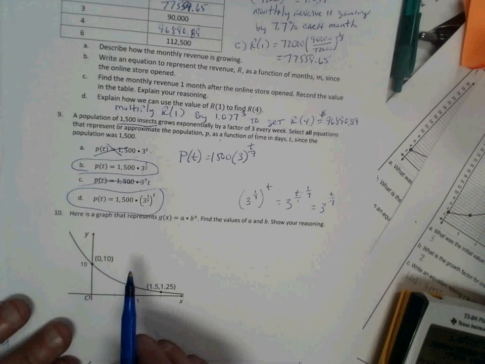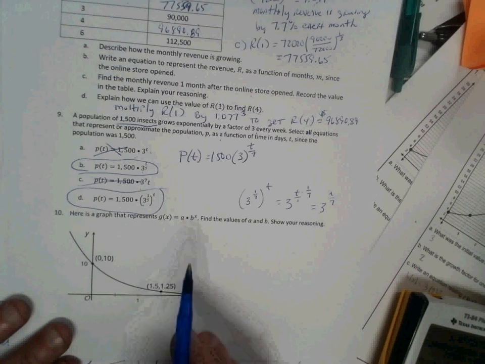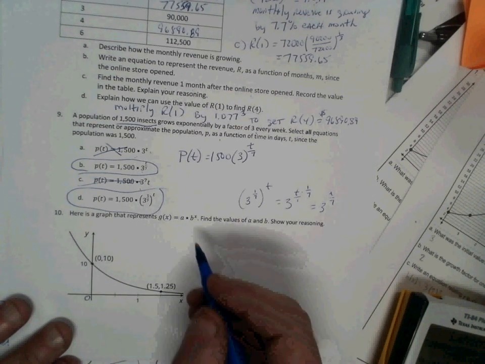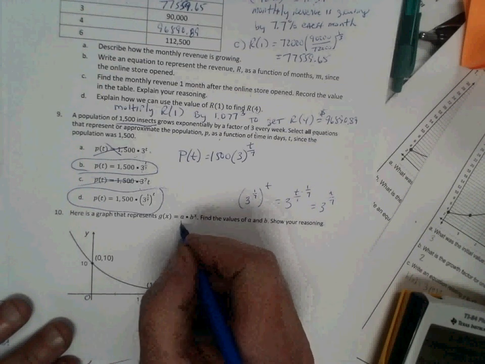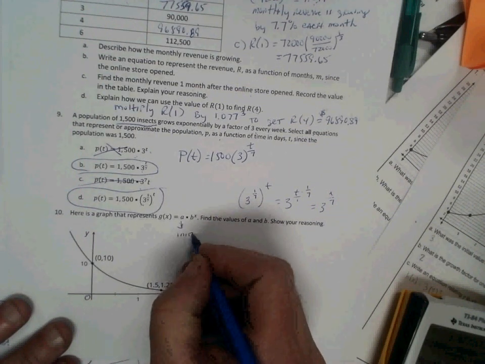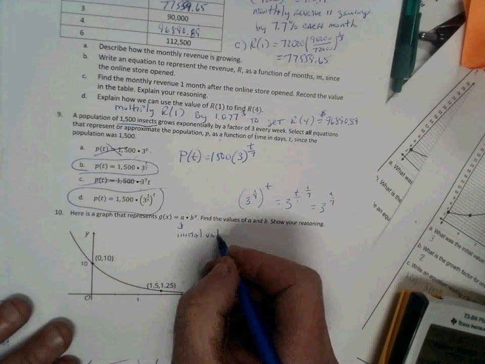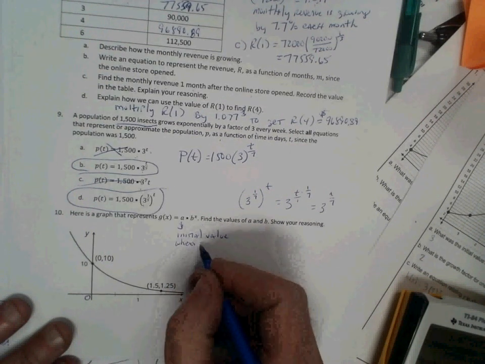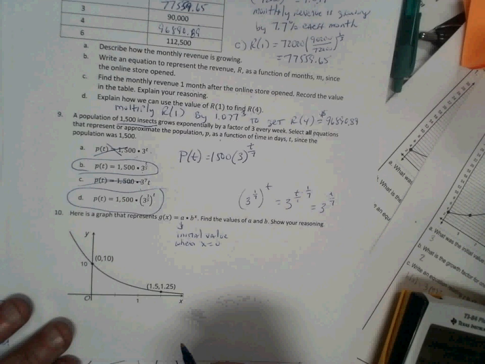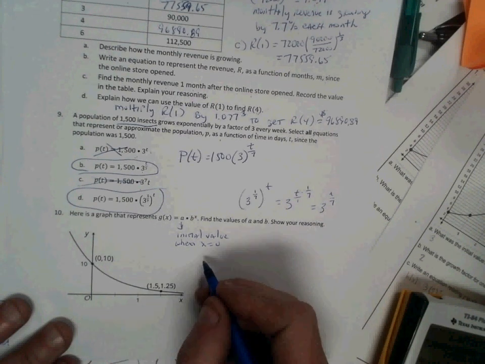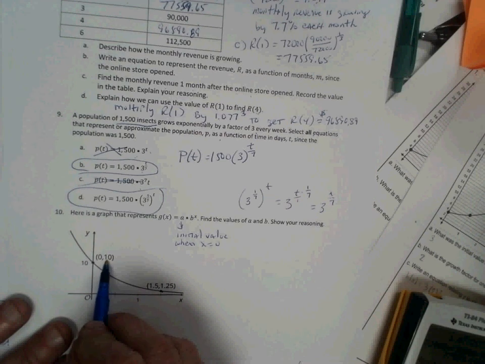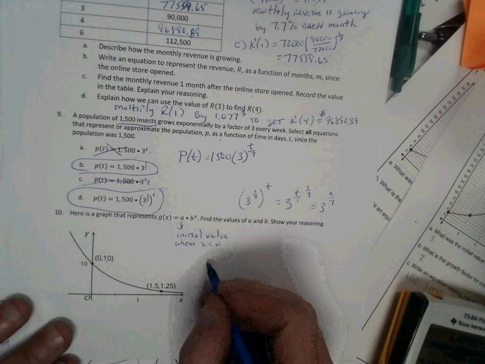Here's a graph that represents g of x equals a times b to the x. Find the values of a and b. A is your initial value, when x equals 0. B is going to be the y value of the second one over the y value of the first one, right?